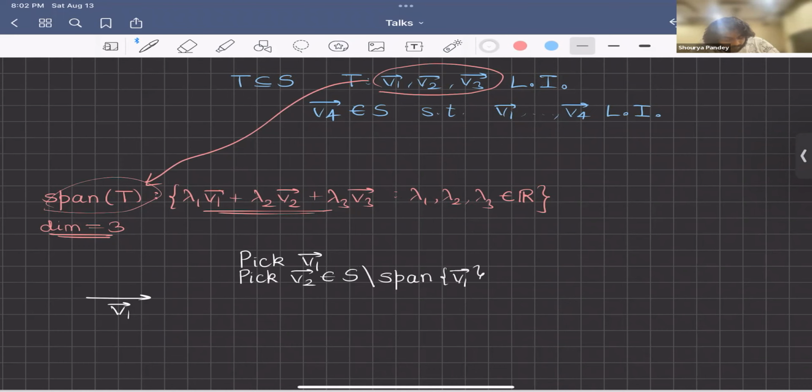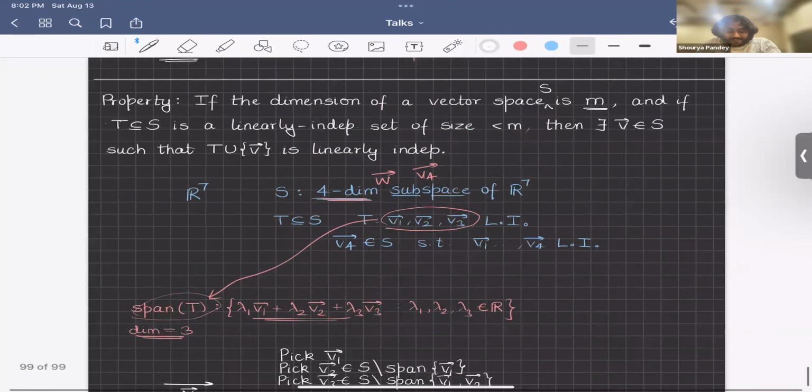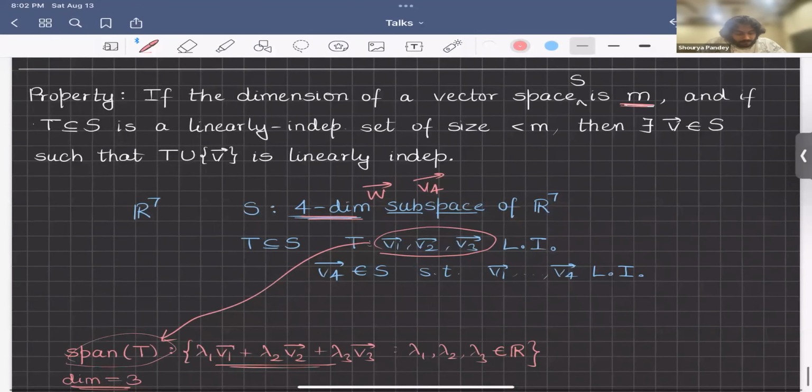Then you can pick V3 which is in the set, but not in the span of V1, V2, etc. And you can always extend any set of linearly independent vectors whose size is less than the dimension, by repeatedly adding vectors till its size becomes equal to M itself.